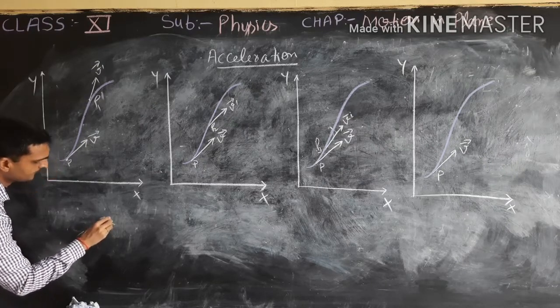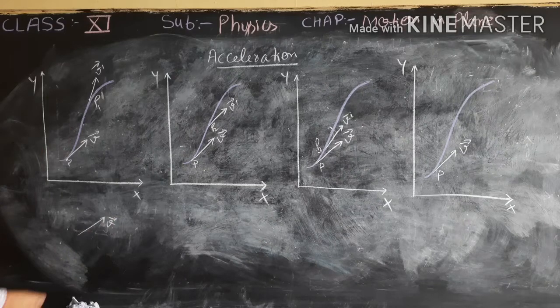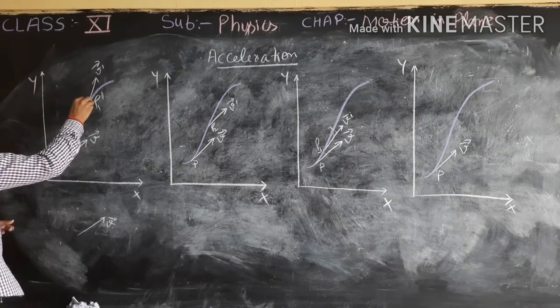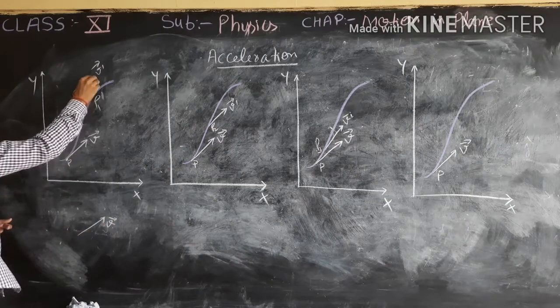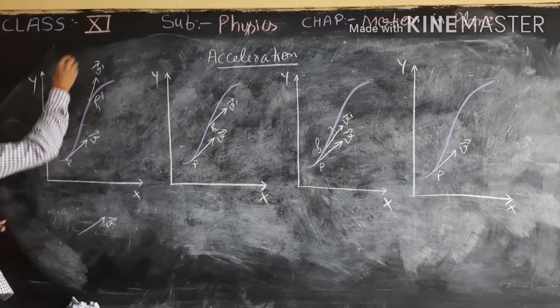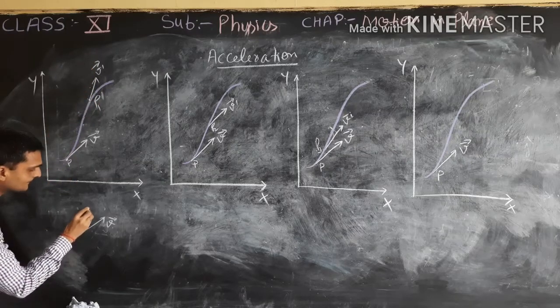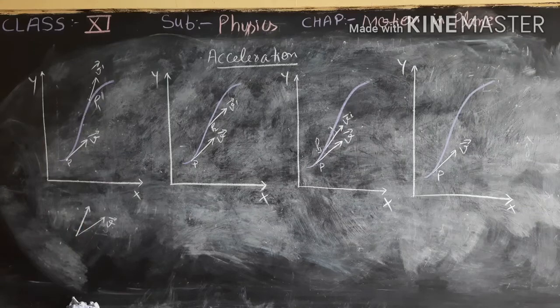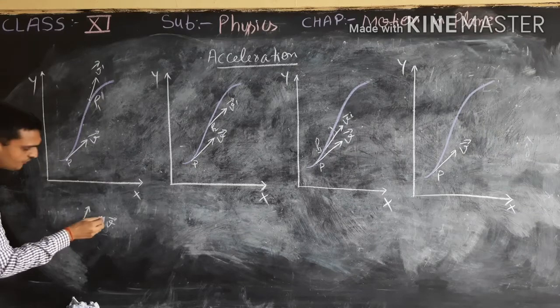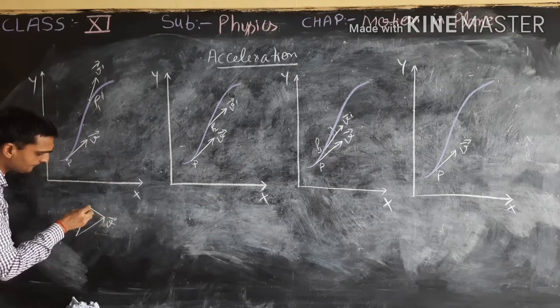At point P1, when delta t, velocity is in this direction.